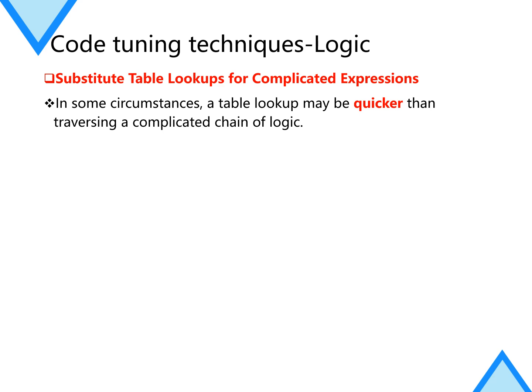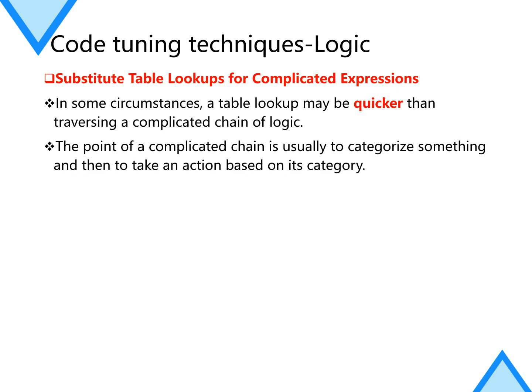A complicated chain of logic is very difficult for the reader to comprehend, and it is also slower than a lookup table. It is very easy for the processor to look up from the table instead of traversing complicated logic.